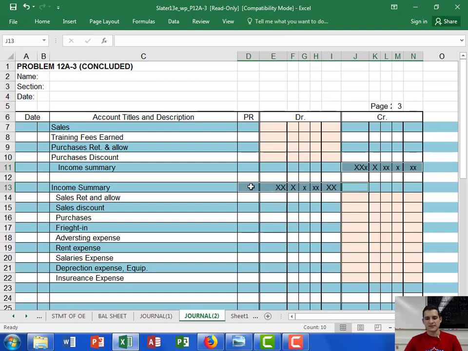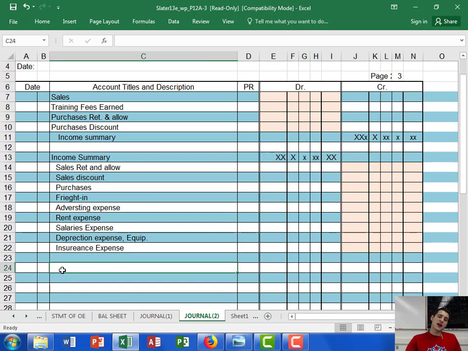Now, what I mean by that is because the income statement is basically the same thing as what we're doing here in this area, where you're taking your revenue minus your expenses and then determining whether or not you have a net income or a net loss. So if this number here, your credit number, is greater than this, your debit number, your expenses, you'll then have a net income of whatever amount it is. And then once you have that amount, it should be labeled on the credit side.